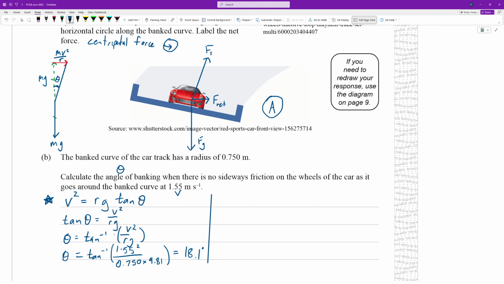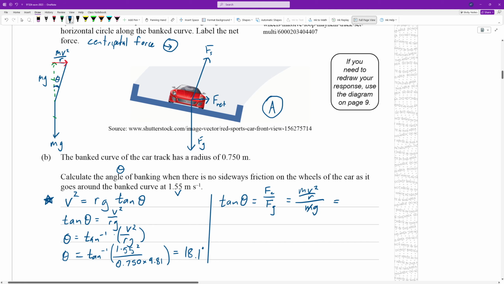So the bank angle would be the tan inverse of opposite, so mv squared over r divided by adjacent, mg. So tan of the angle is the centripetal force, opposite over the weight force, Fg, which centripetal force is mv squared over radius, weight force is m times g.